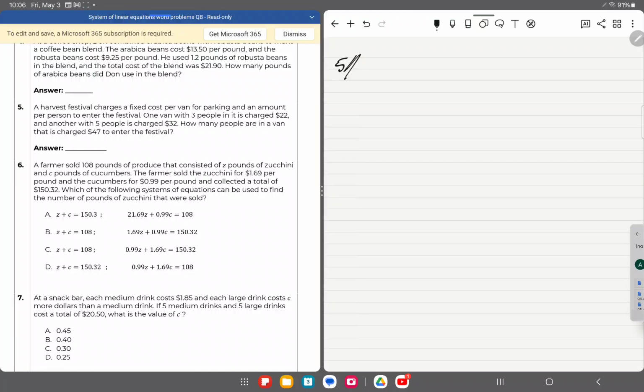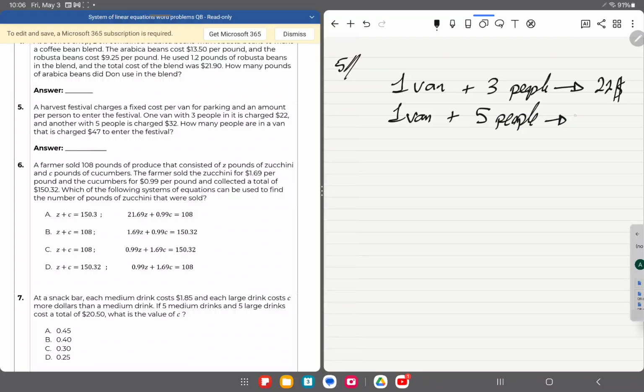One van with 3 people in it was charged $22. Another van with 5 people is $32.